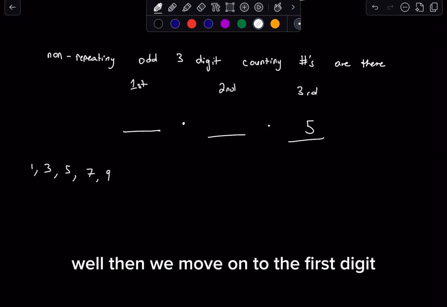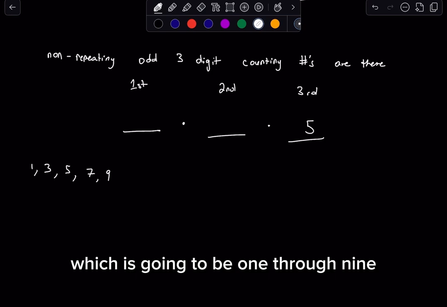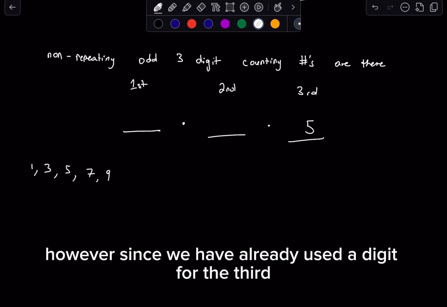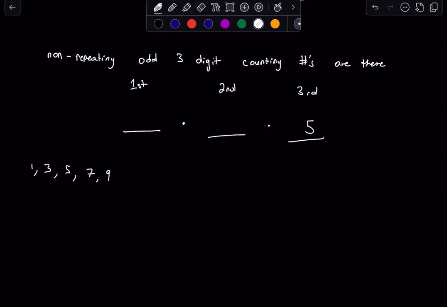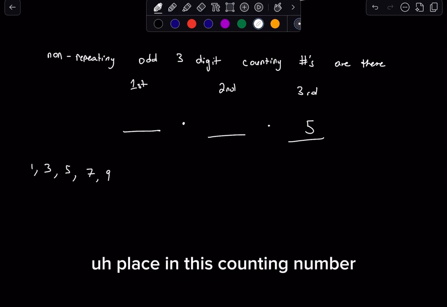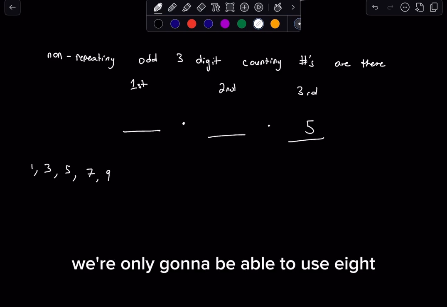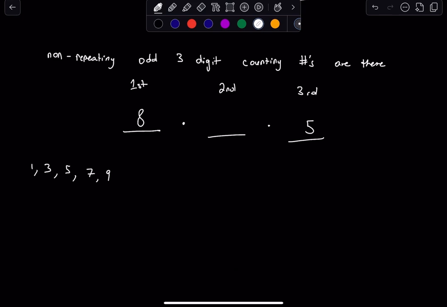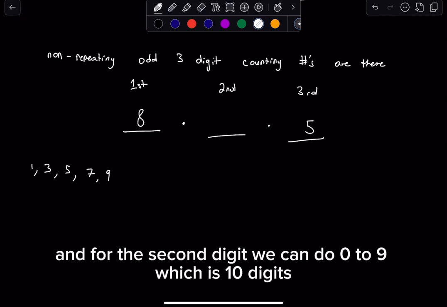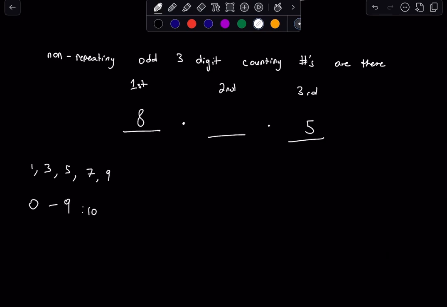Well, then we move on to the first digit, which is going to be 1 through 9. However, since we have already used a digit for the third place in this counting number, we're only going to be able to use 8. And for the second digit, we can do 0 to 9, which is 10 digits.